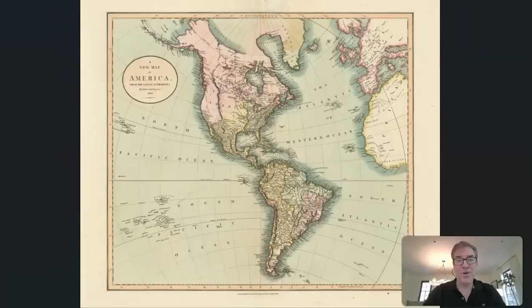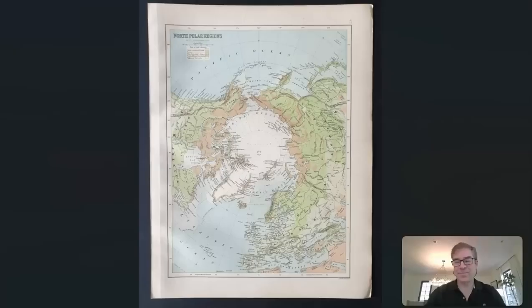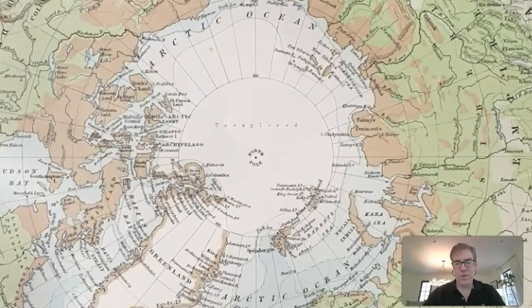And again, just to show another map showing Greenland connected to land, but then it has ocean too. So it's this very kind of arbitrary way of describing this. And again, a map well into the 1800s now, even into the 1900s, the 20th century, showing in the North Pole kind of this unknown, is it ocean, is it land?